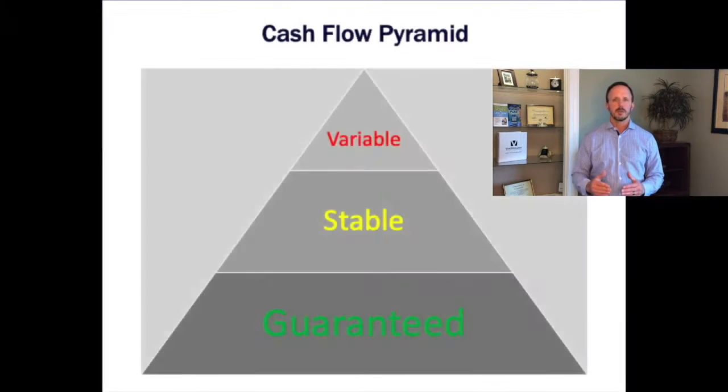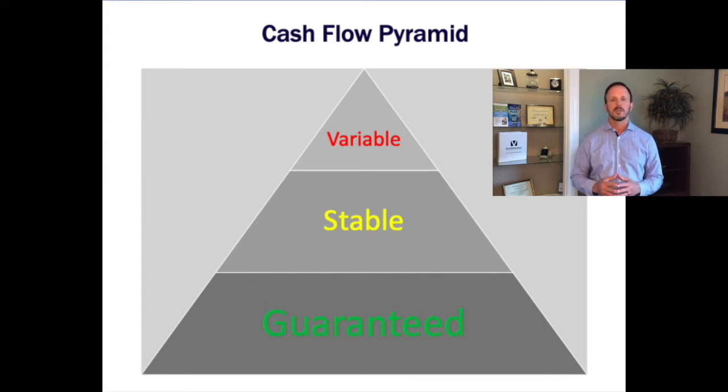Now, the second level of the pyramid is cash flow that's perceived to be very stable, but it's not guaranteed. We just have a pretty high level of confidence that it's going to be there when we need it. These would be investments or savings vehicles that are very conservative in nature, either because of the underlying investment itself or because of the way that they're managed.